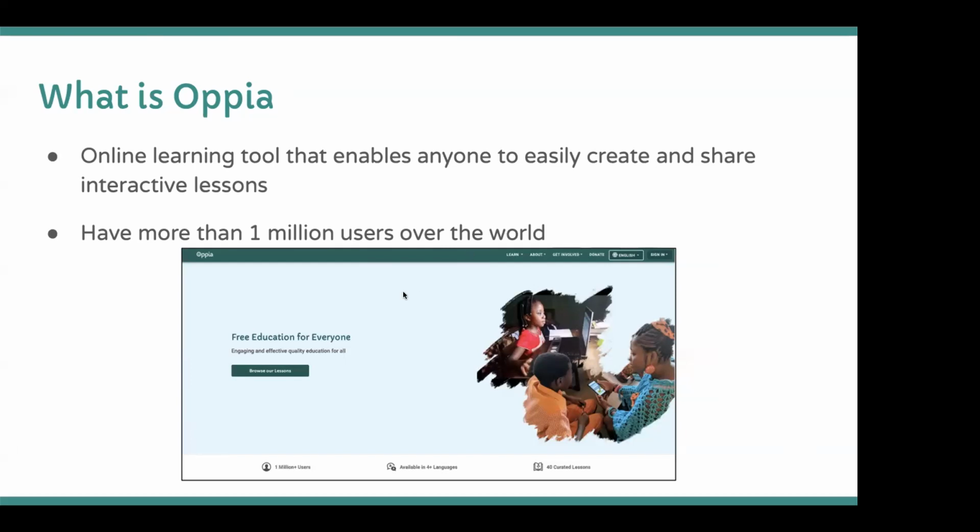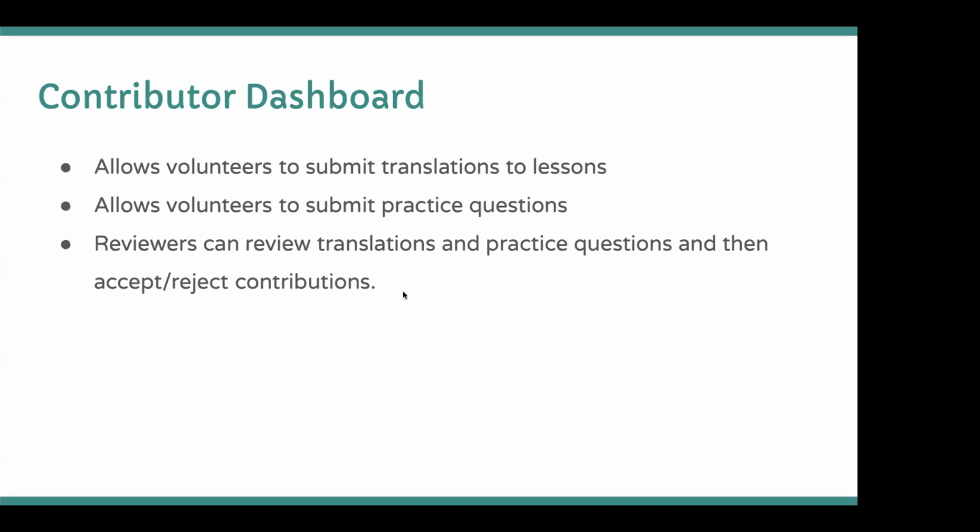Moving on to the contributor dashboard, the team that I worked with. The contributor dashboard allows volunteers to submit translations to lessons because, as I said, OPIA has dozens of lessons, and we have users from different regions that speak different languages, so we need to translate our lessons into different languages.